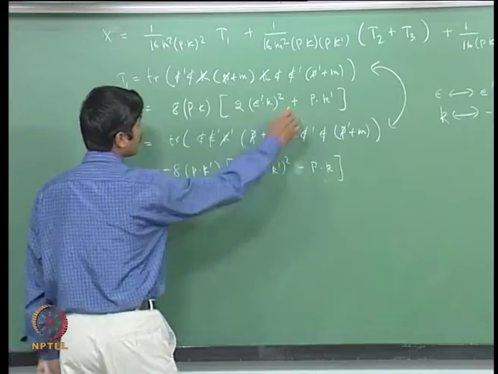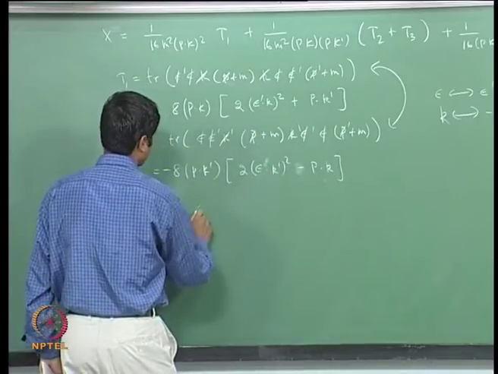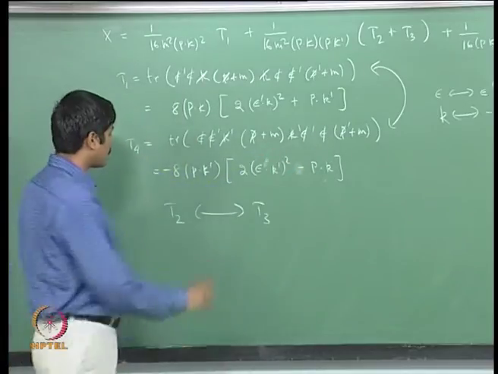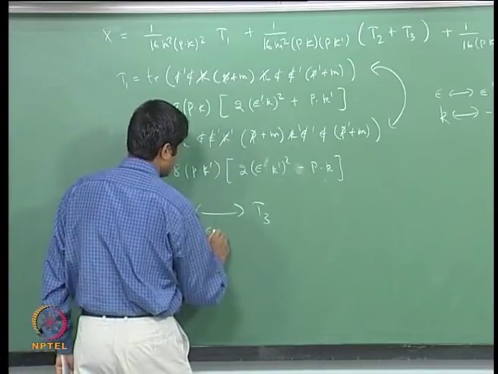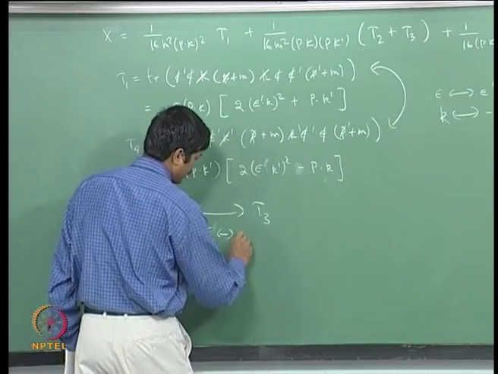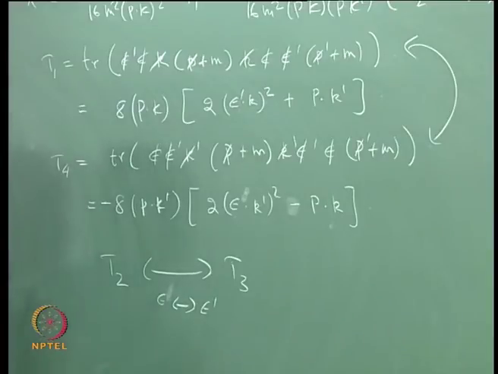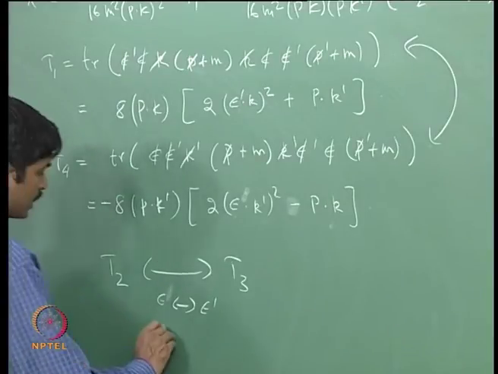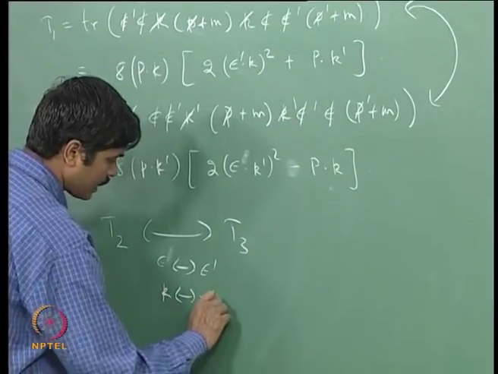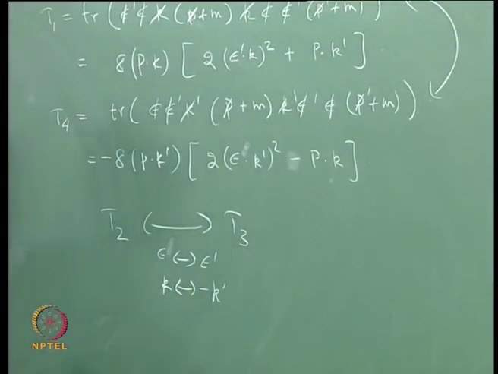Similarly, you can see that T2 and T3 are also related by the same symmetry. If you consider exchange of the photon polarization and the momentum with a minus sign, k goes to −k′, then T2 is related to T3.